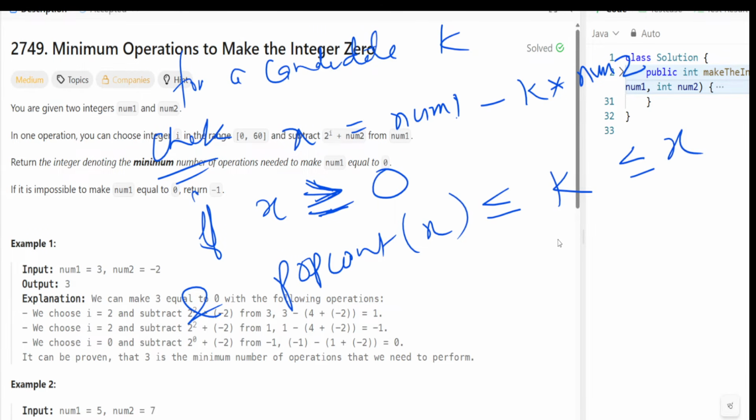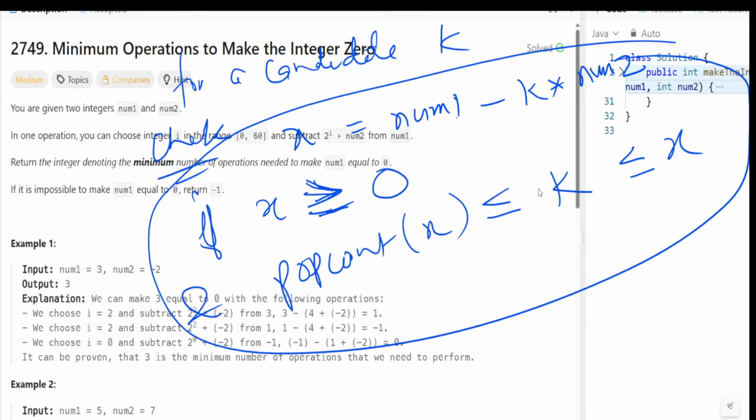And these are feasible. Is it feasible or not?